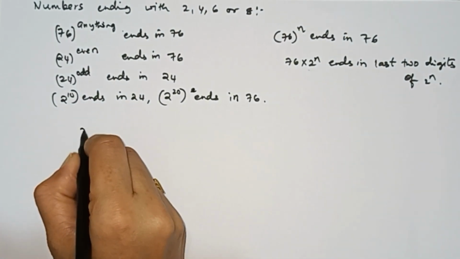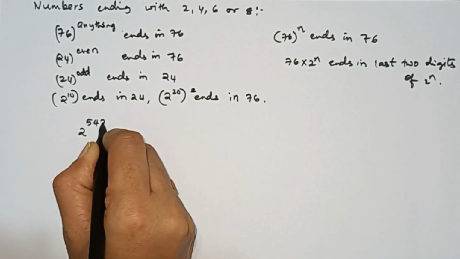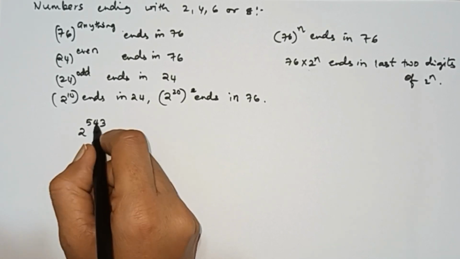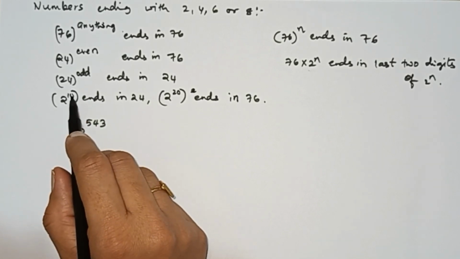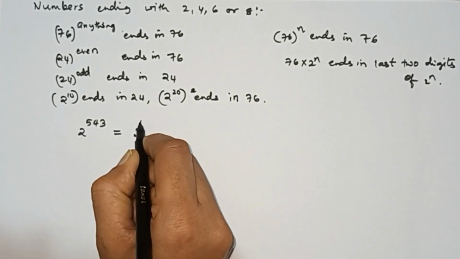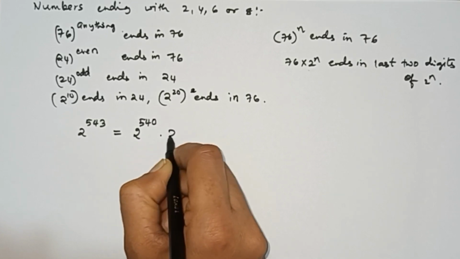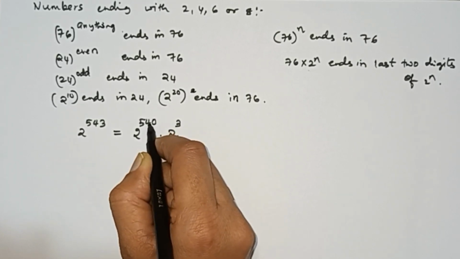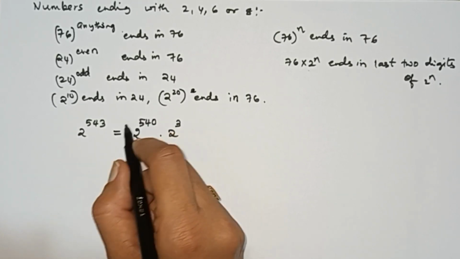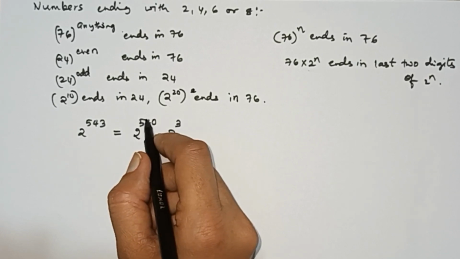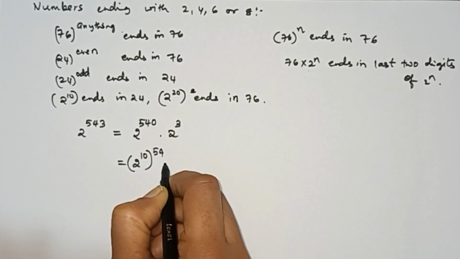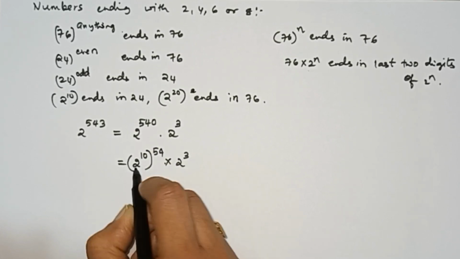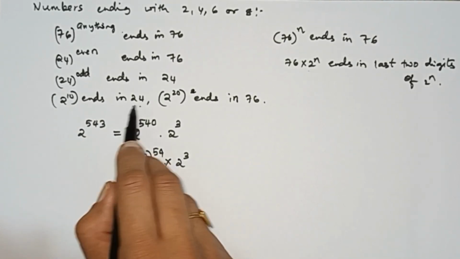Consider one example, 2 to the power 543. I want the last two digits of this power. So I have to write it in terms of 2 to the power 10. For that, I'll write it as 2 to the power 540 into 2 to the power 3, because numbers ending with 0 we can easily write in powers of 10. So now this is equal to 2 to the power 10 to the power 54 into 2 cube. Now 2 to the power 10 ends in 24.